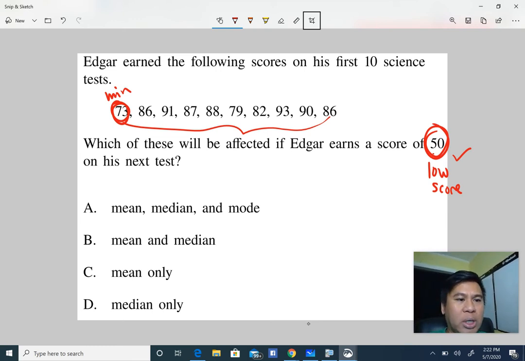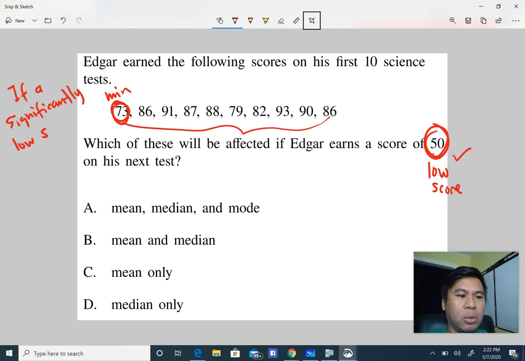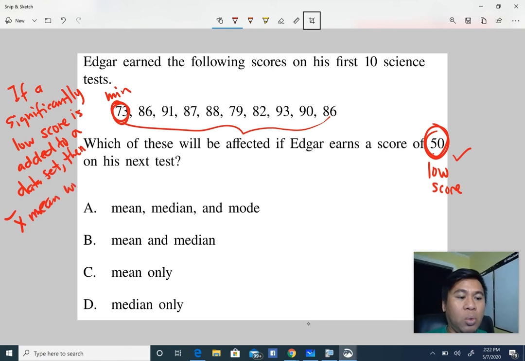So again, we say in here that if a significantly low score is added to a data, then the mean, or what we call x bar, will result to be a lower value.